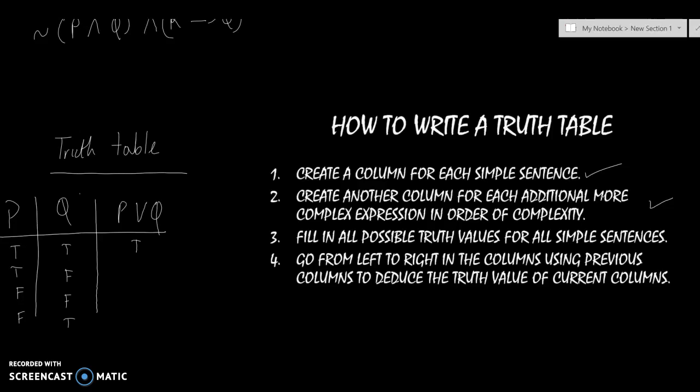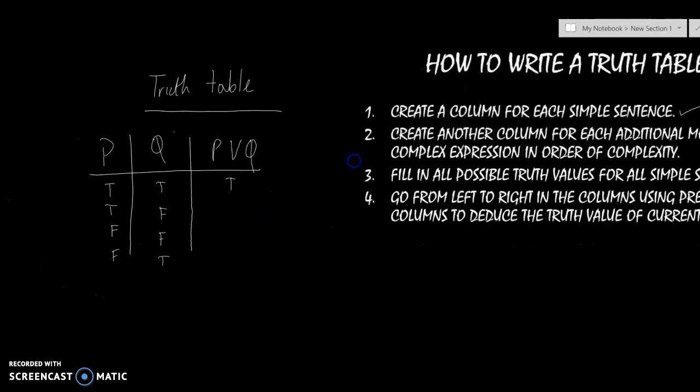After you fill in all possible truth values for the simple sentences, as you can see, we filled in P with true, true, false, false, and for Q we filled in true, false, false, true. Now we're going to go from left to right in order of complexity, using previous truth values to deduce the values in the current column.